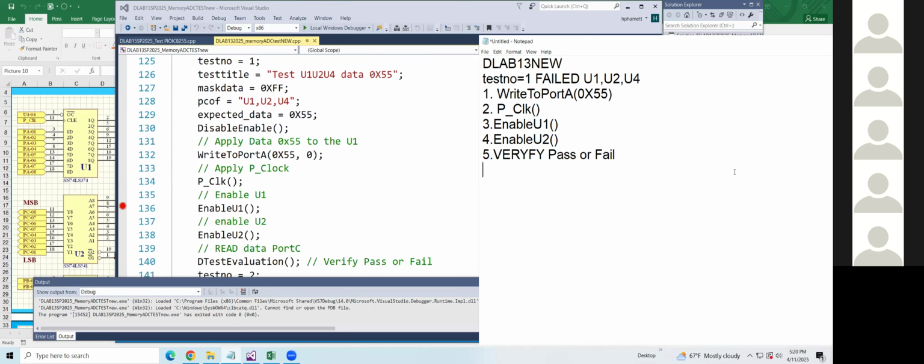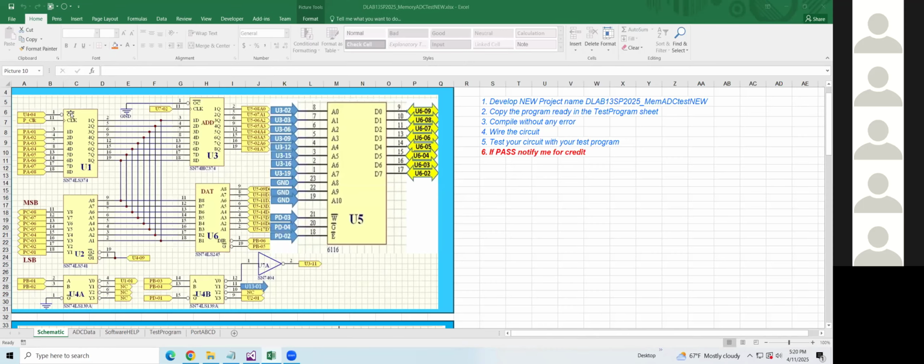Okay, so now, if you're looking into the schematic, they drive port A to U1, and then they go to U2 to port C for verify.